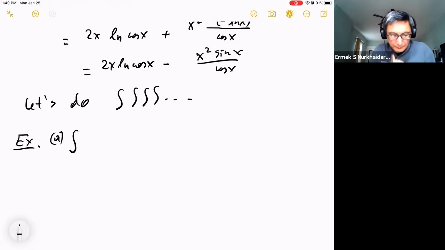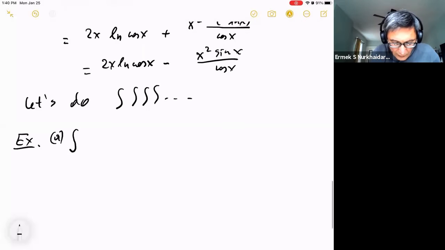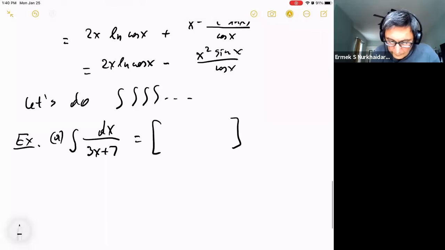So say you want to find the integral of dx over 3x plus 7. I'll do the substitution u equals 3x plus 7. We find du, we find dx.